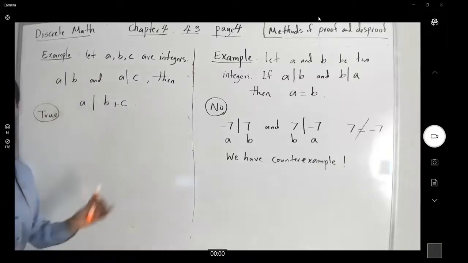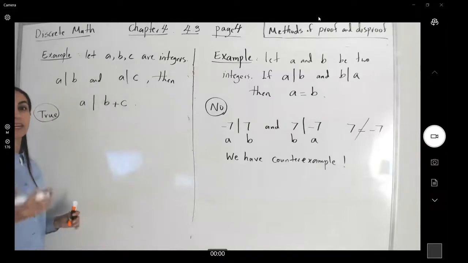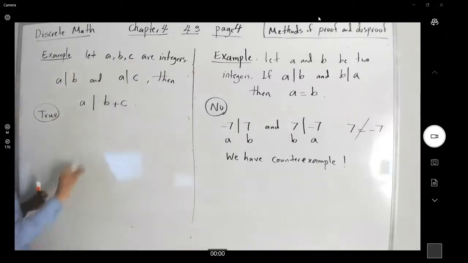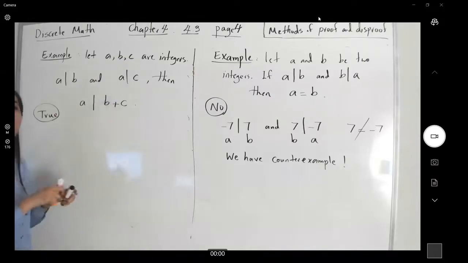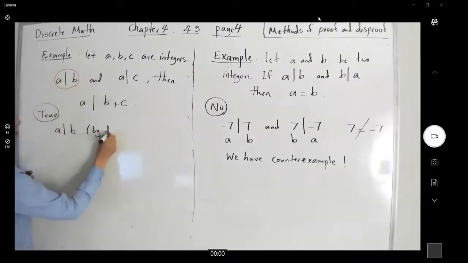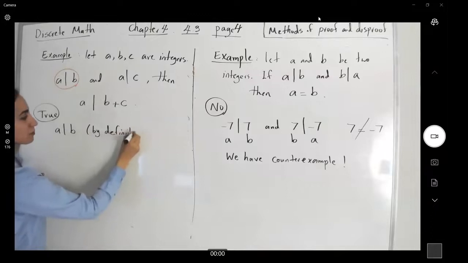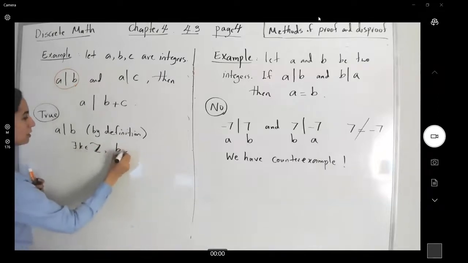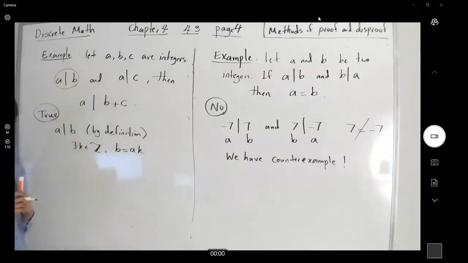Why is that? I'm going to use direct proof, proof by definition, to show that this is true. What is the hypothesis? It says A divides B. By definition of divisibility, there is an integer like k such that B is A times k.